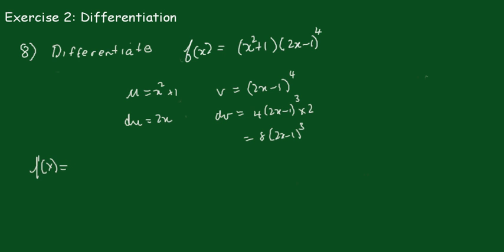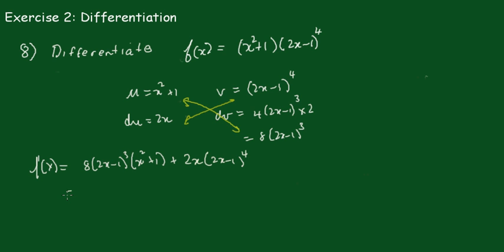So our derivative f dash x is equal to u v dash, so it's this one, and I'll write that as 8 2x minus 1 cubed times x squared plus 1 plus, now the other way, it's this one, and that will be 2x outside of 2x minus 1 to the fourth.